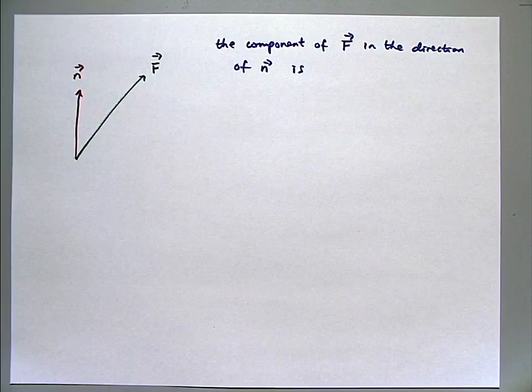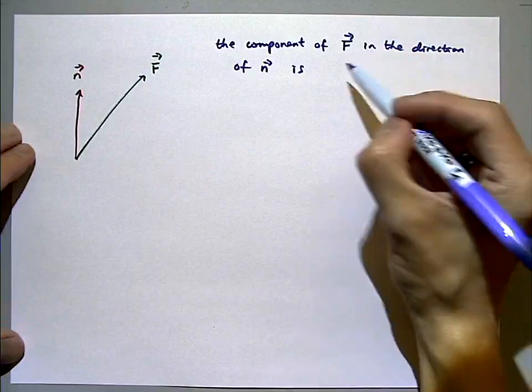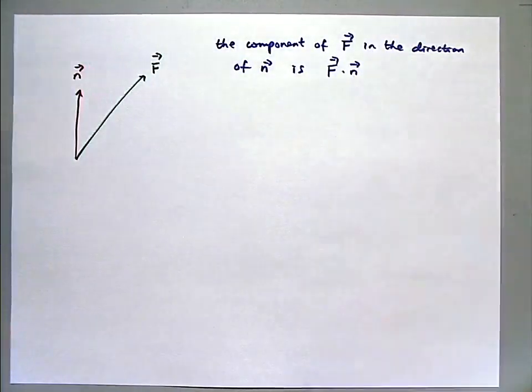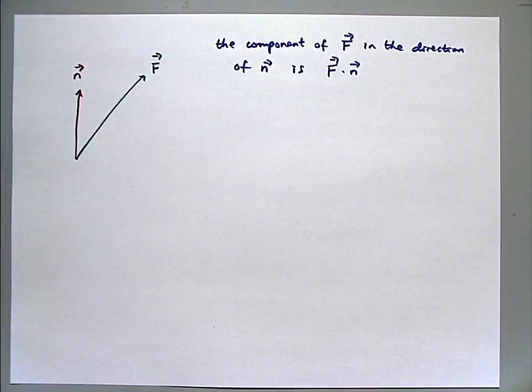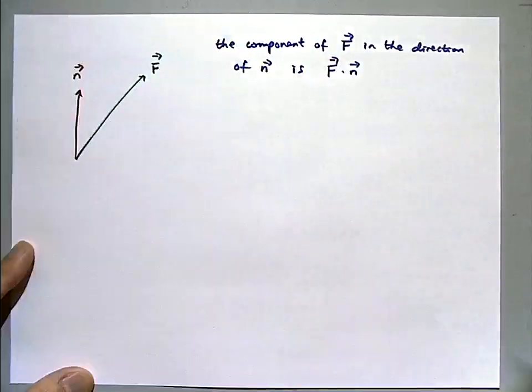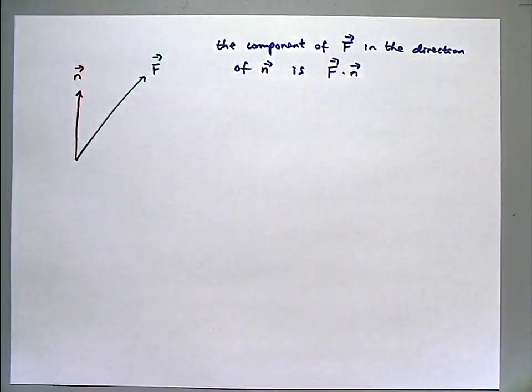Does that sound good? Yep, that's how you do that. If you take the dot product of these two things, then you end up getting the component of F that's in the normal direction.